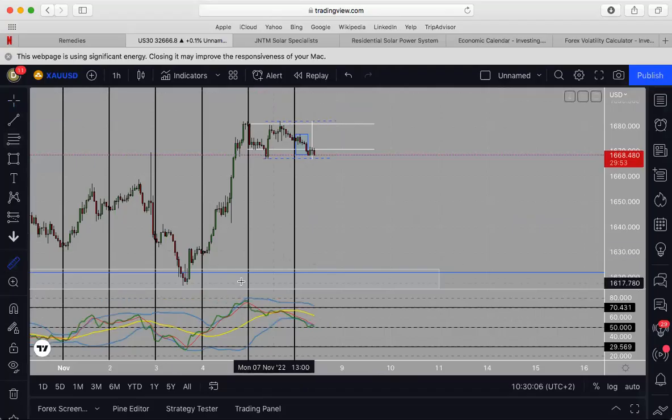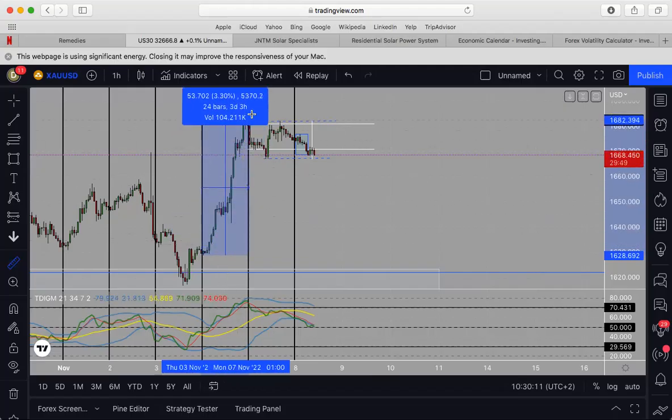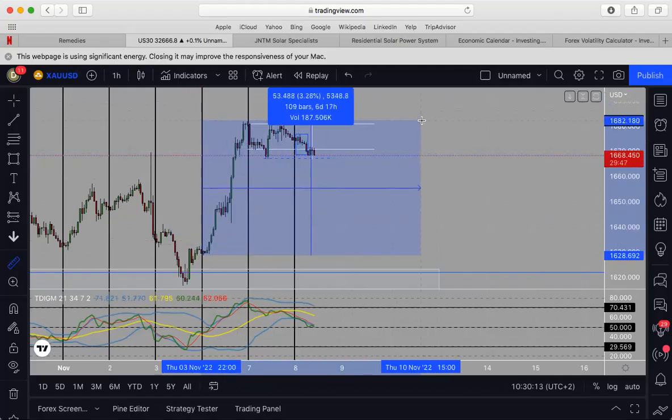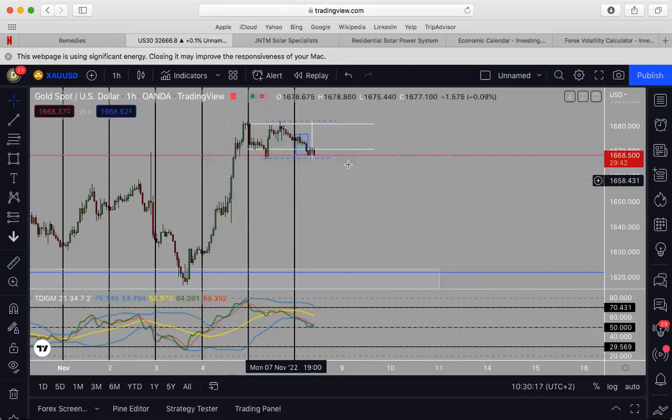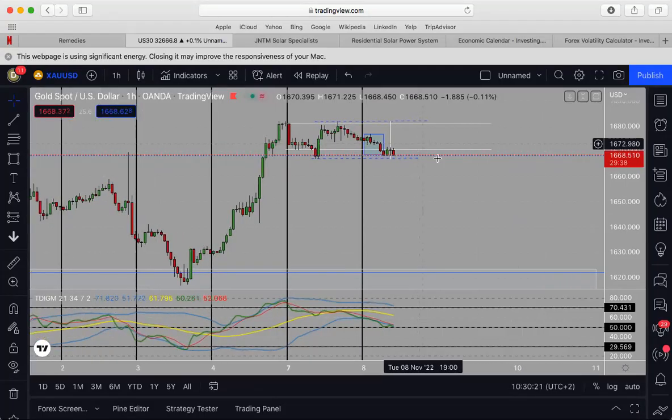Let's just round it off and say 270 perhaps. So from yesterday, do we have a 270 move? Yes, we did. We actually had a 500 pip movement in one day yesterday. Remember guys, this is not a forex pair, this is a commodity, so they can move like that. So yes, we got that in place.